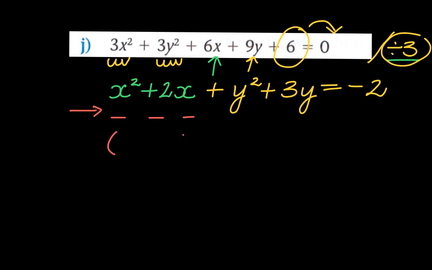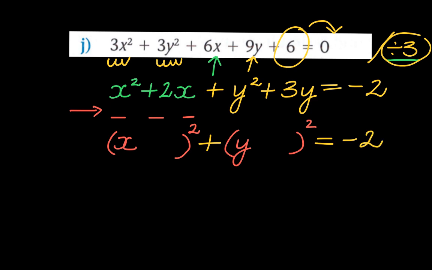Right, so now I'm going to skip the step in which you show the perfect square trinomial. I'm going directly to my bracket. So I will have a bracket with the x squared, and I will have a bracket with the y squared. This will be equal to minus 2, and I will have to balance my equation. So if I'm looking at my x, the plus remains a plus.